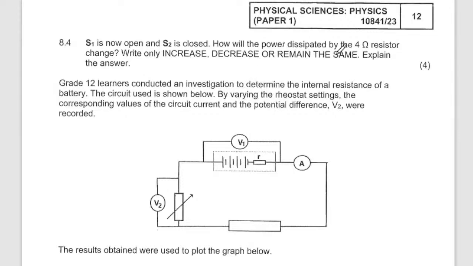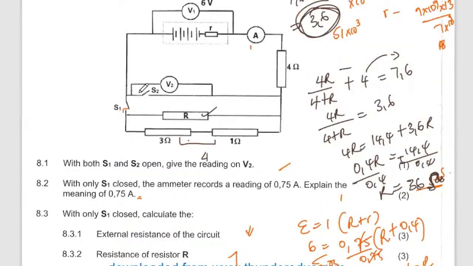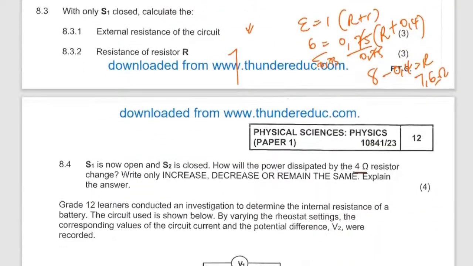Then 8.4: S1 is now open and S2 is closed. How will the power dissipated by the 4 ohm change? If this is open and this is closed, the current will just take this switch. Remember, this whole thing is a 3.6 ohms combined. This is a 4 ohm. Now, if this is off, we only have 4 ohms within the circuit, so the total resistance will be 4 ohm, and then the internal resistance, which is always there.